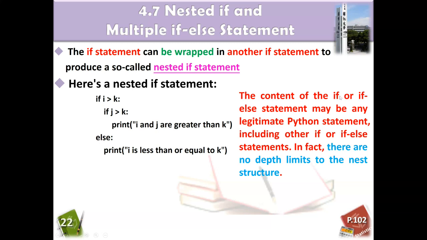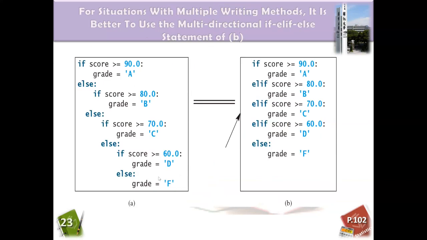The content of if or if-else statements may be any legitimate Python statements, including other if or if-else statements. In fact, there is no depth limit to the nested structure. It means you can have a lot of ifs to satisfy the conditions. But for this kind of situation, there will be some problems.